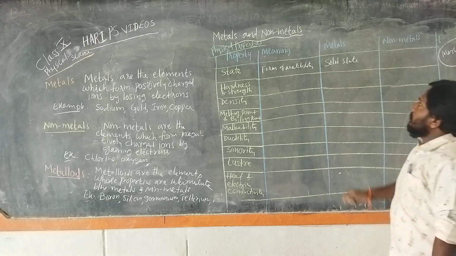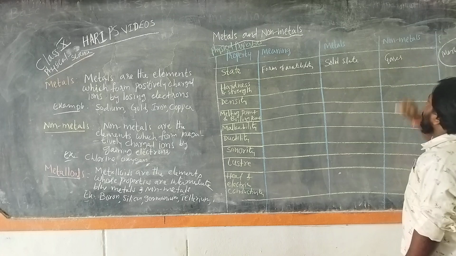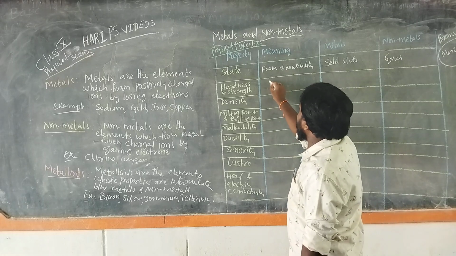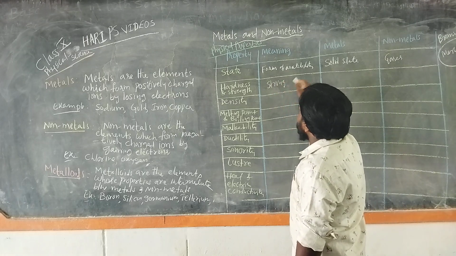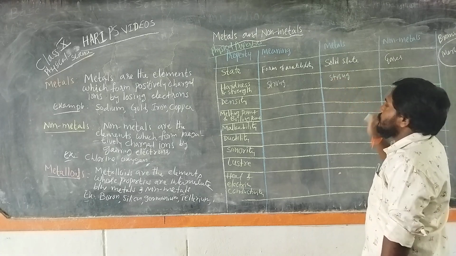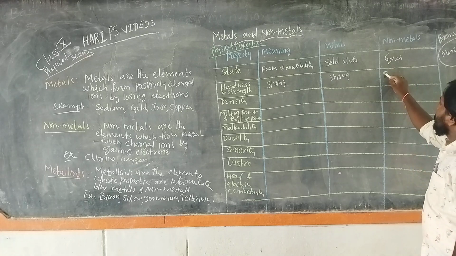Mostly non-metals are in the gaseous state, except bromine, which is a non-metal available in the form of liquid. Next, hardness and strength. Generally metals are strong in nature, with more strength and hardness, whereas non-metals are brittle.